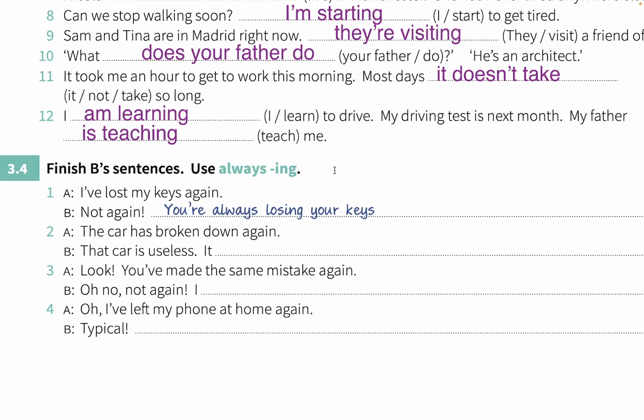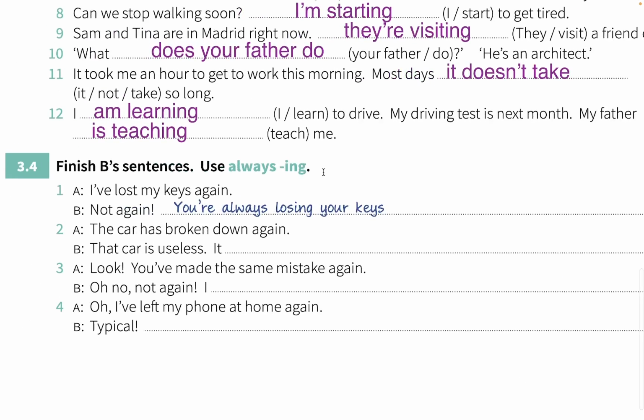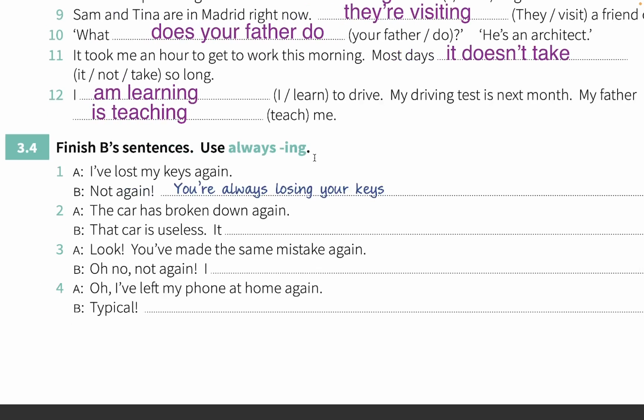Yeah, thank you. Okay, now we are going to answer the last exercise before we move on to the next unit. Finish these sentences. We're answering the B part and using always and ing. For example, A said, I've lost my keys again.